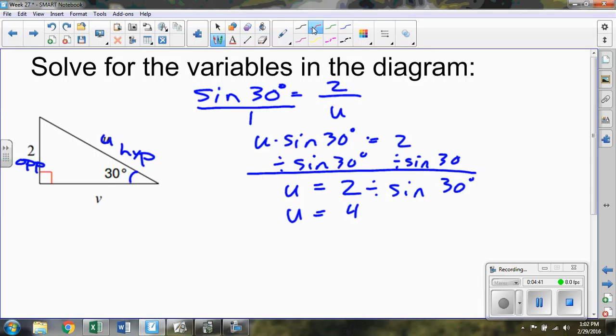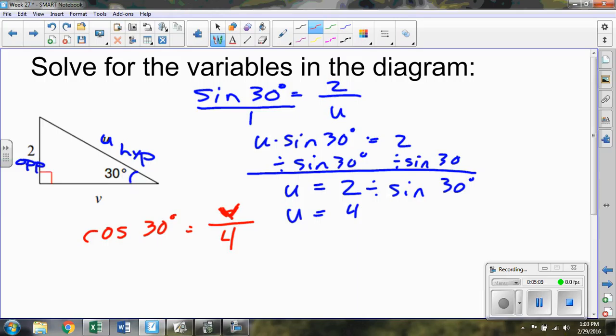Similarly, we saw that we could set up cosine of 30 degrees equals adjacent over hypotenuse. But now that I know that the hypotenuse is 4, I'm going to use it.